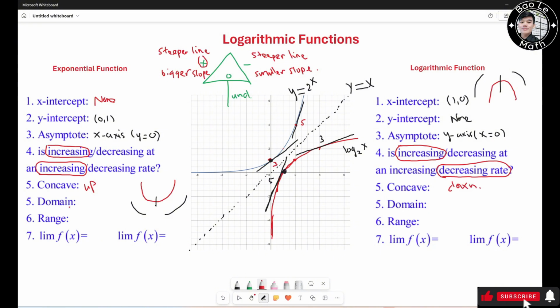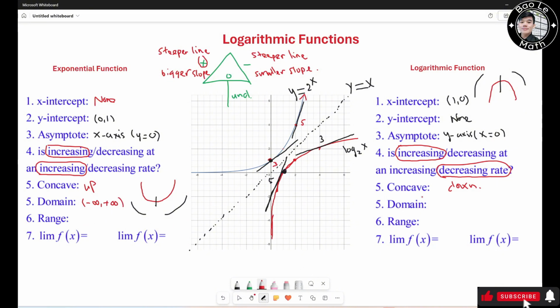Alright, the domain of this exponential function goes from left to right, and you see that the function keeps going up and right. So the domain should be negative infinity to positive infinity, or you just say all real numbers.